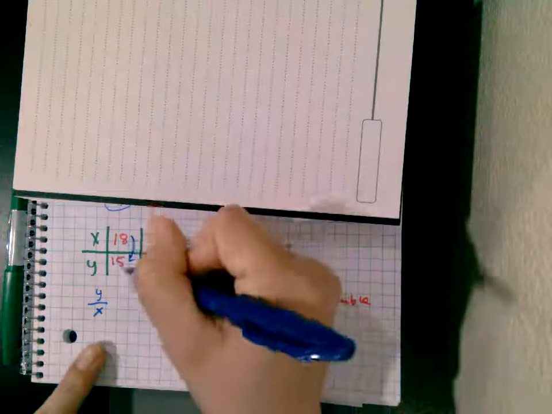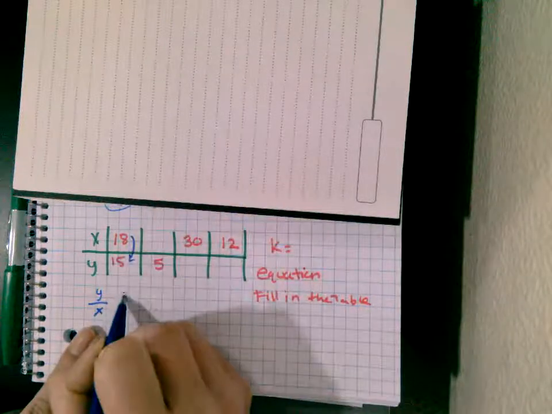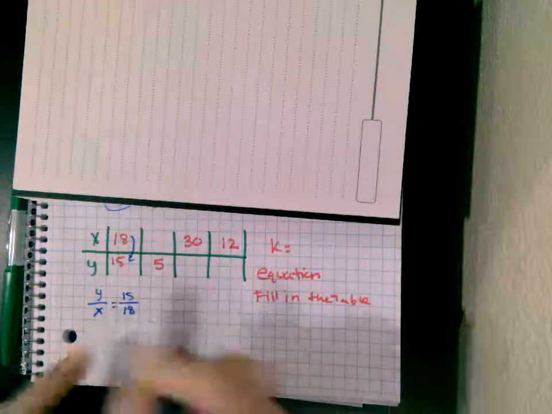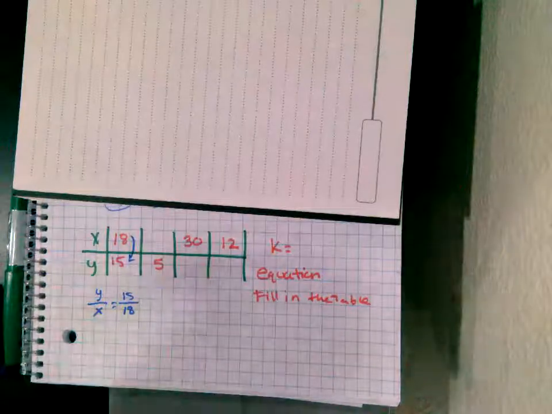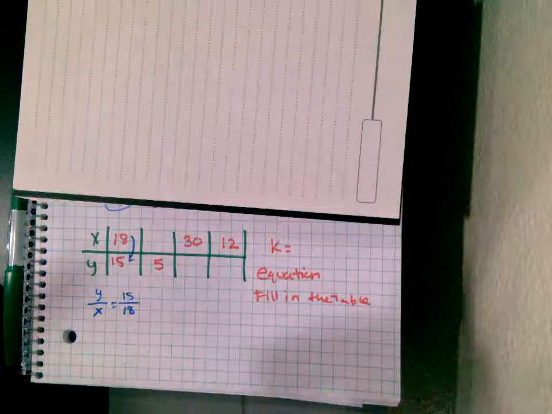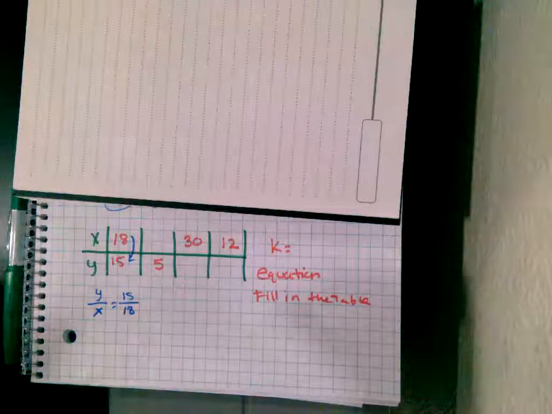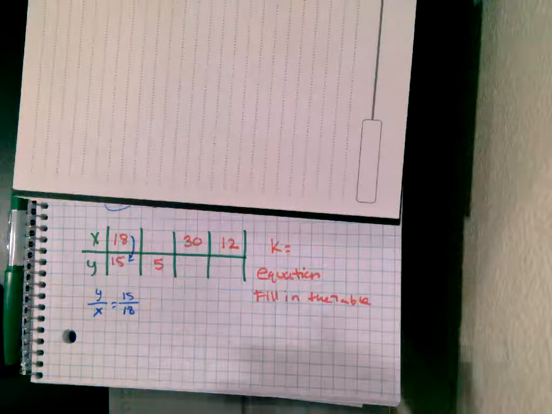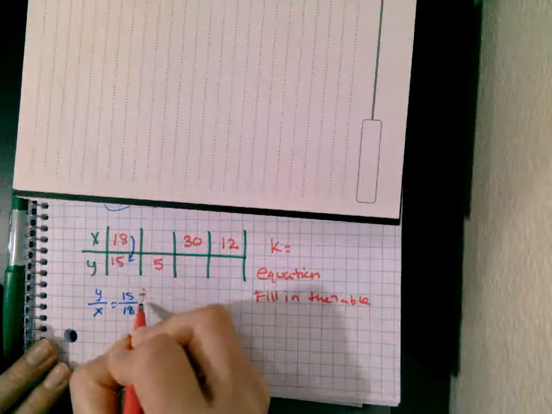All right. So here is the given one. So I'm going to put 15 over 18. All right, and now I'm going to simplify it. Just like in elementary school, when we used to add fractions and the teacher would say, simplify it. Or she or he might have said, reduce it. I don't like the word reduce. I like simplify. So what does that mean? It's like, okay, what can I divide the top and the bottom by?